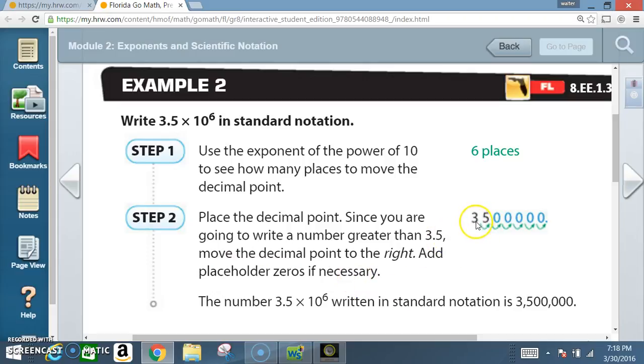So we got 3.5, and we're going to move 6 places. 1, 2, 3, 4, 5, 6. And that's all there is to it. So the number 3.5 times 10 to the 6 written in standard notation is 3,500,000.